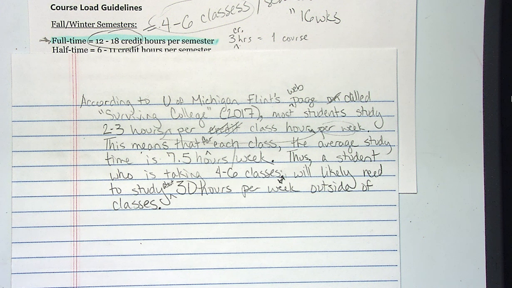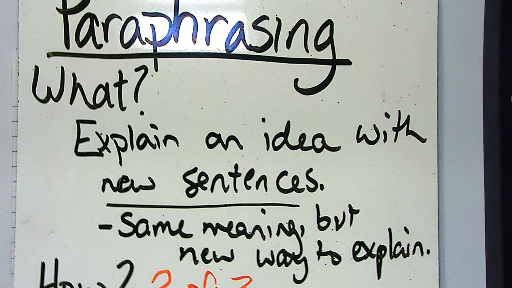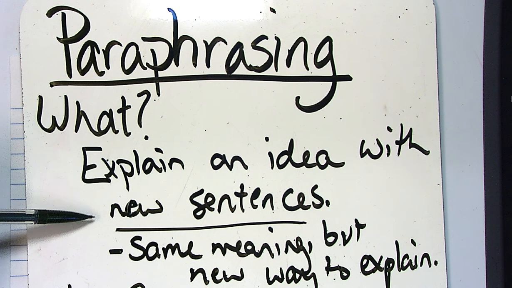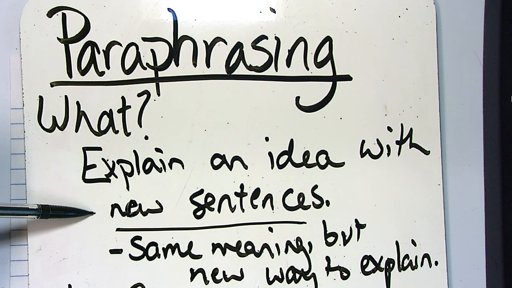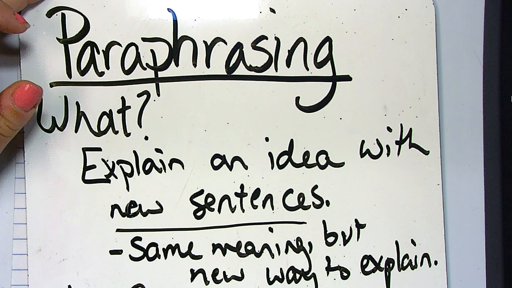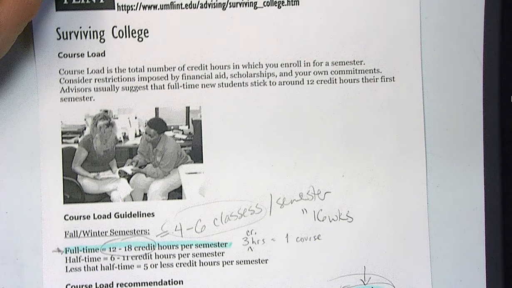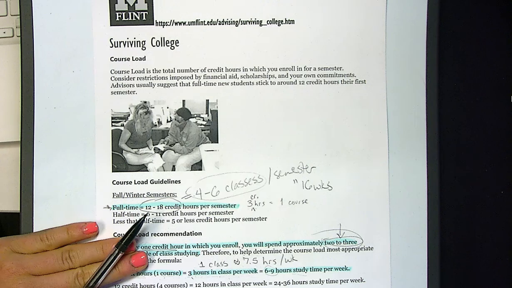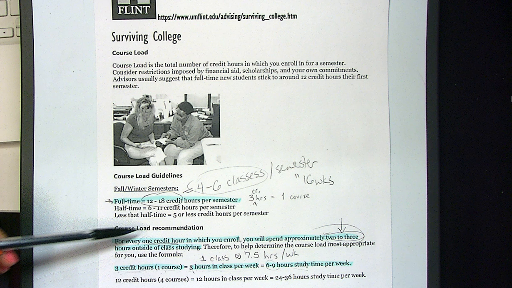I will post a few more academic paraphrasing practices, but I'd like to remind you that paraphrasing means you explain an idea with new sentences. So my idea was from this web page, and actually I took it from, this is kind of a list and some sentences.